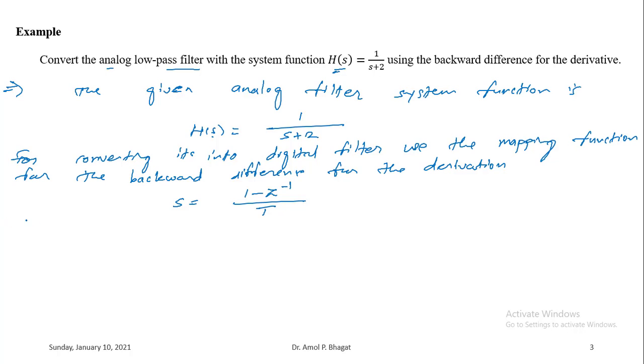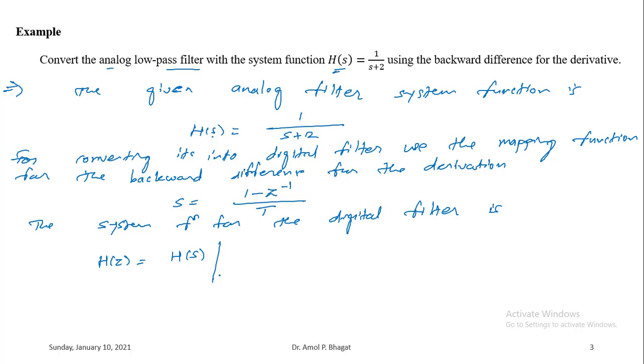The system function for the digital filter is H(z), which will be obtained from H(s) by substituting s = (1 - z^-1)/T in the given equation.